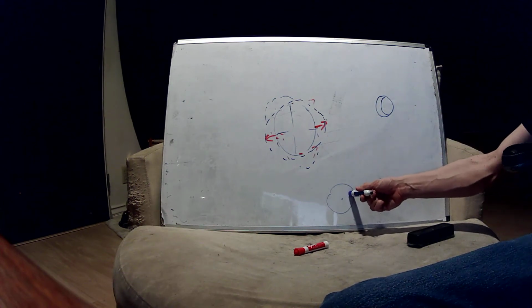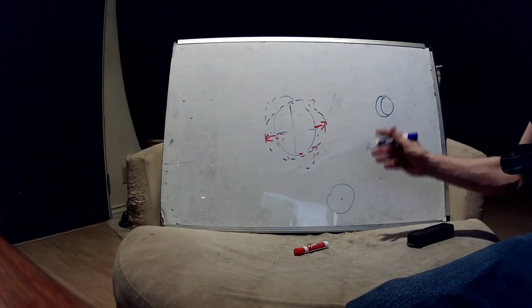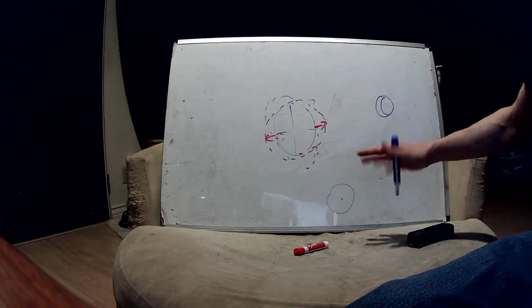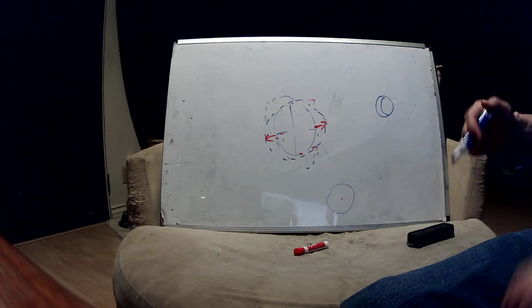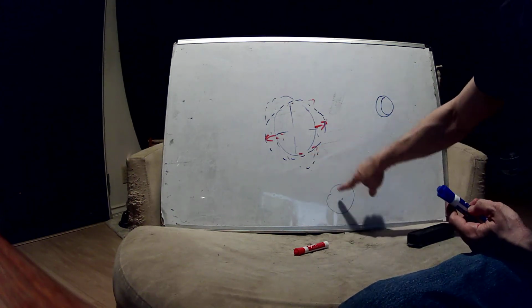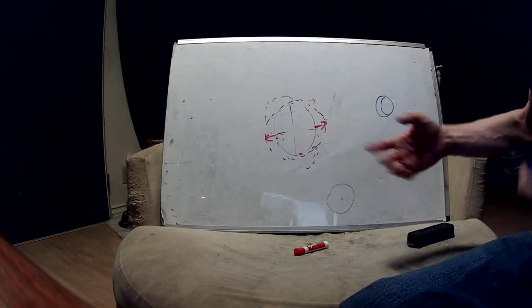But the sun is so much farther away than the moon is that the difference in gravitational forces from the near side to the far side isn't as big. And so there's a second tidal bulge that follows the sun, and the larger one follows the moon.